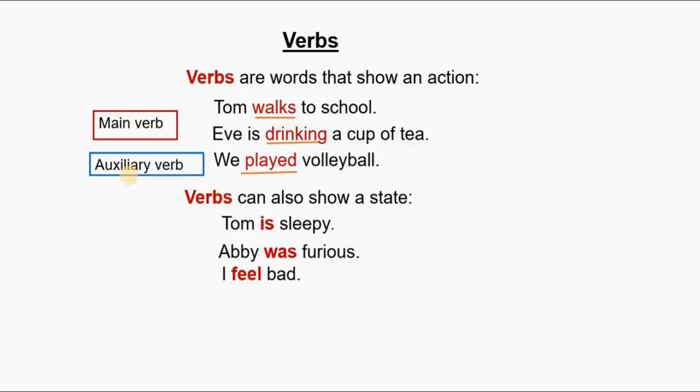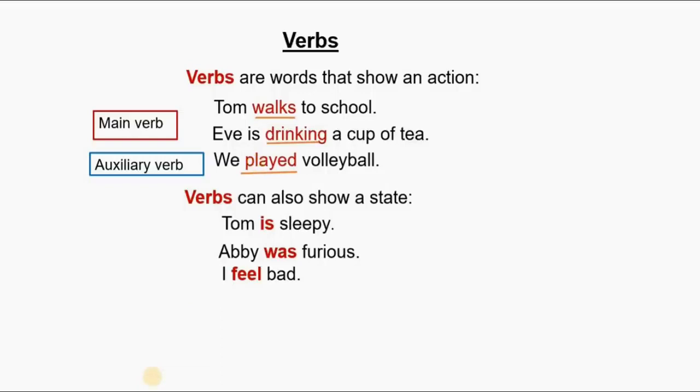So this verb is helping the verb drink. It helps to express the main verb, and in fact, this sentence, Eve is drinking a cup of tea, is an example of the present continuous. So, is is an auxiliary verb that helps us form the present continuous.